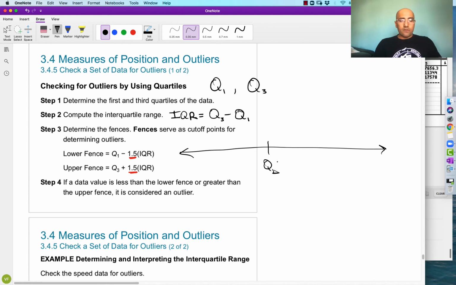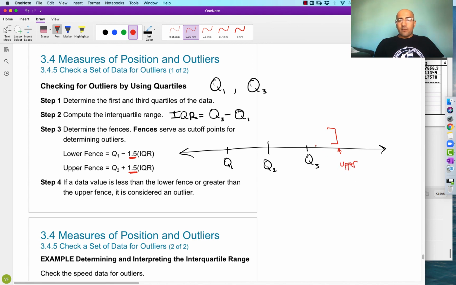Okay, so let's say we have our data right here, and we have Q sub 2 somewhere there, Q sub 3 somewhere over here, and Q sub 1 somewhere over there. We're going to find the IQR value, and then we're going to create these zones. If we go 1.5 multiples of the IQR to the right of Q sub 3, that would be the upper fence.